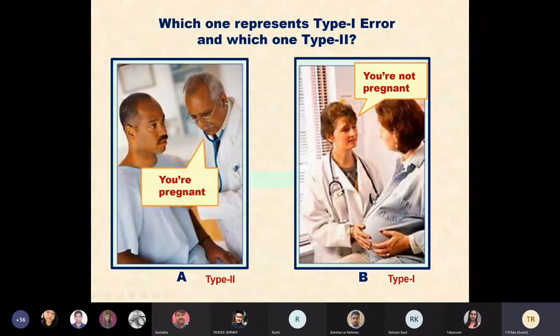You see the bulge. She is pregnant, and she says you are not pregnant. Unless she was hiding a pillow behind her throat. Right? So this is type 1 error. Here, obviously, this dumb doctor says you are pregnant, and so he's committing a type 2 error. Okay?